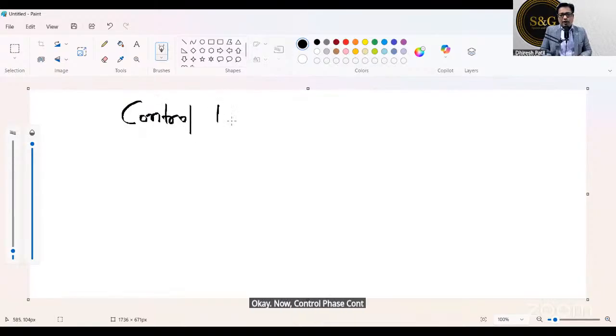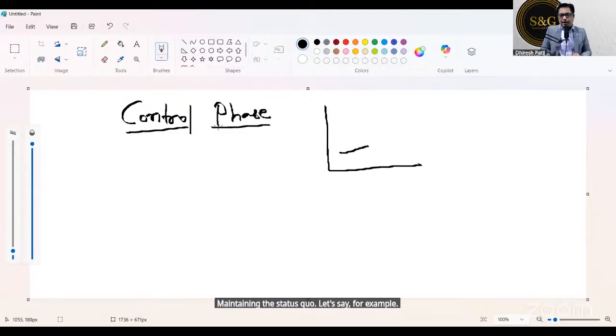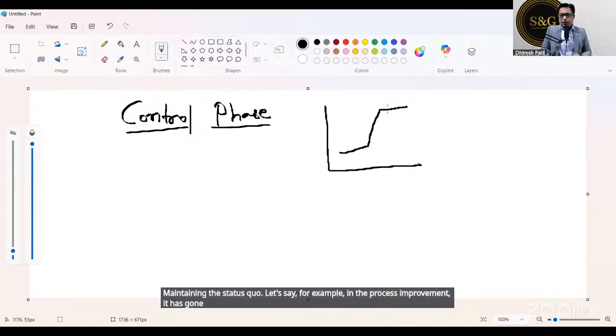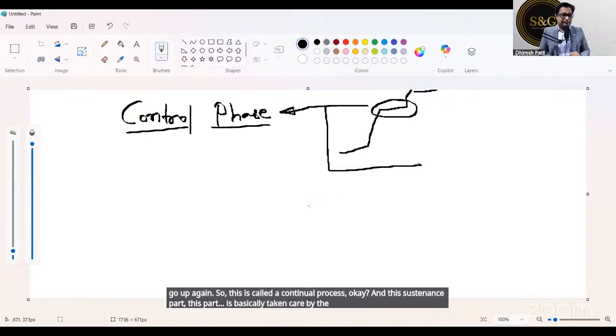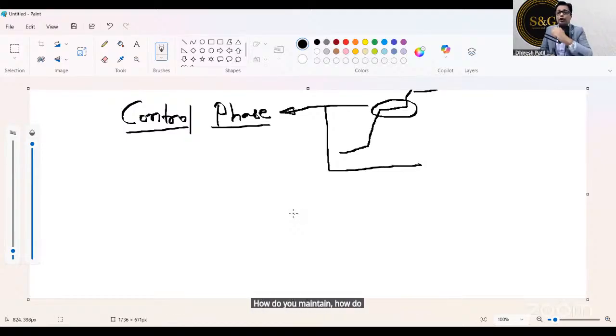Control is all about maintaining the status quo. Let's say, for example, the process improvement has gone up. Now it has to sustain over the period of time. So this is called a continual process. And this sustenance part is basically taken care of by the control phase. How do you maintain, how do you sustain it over the period of time? That is something we do in the control phase.